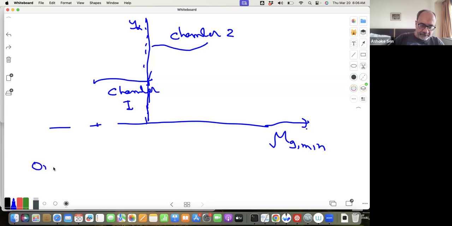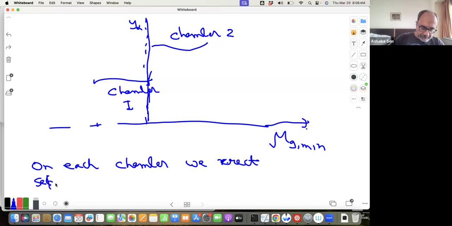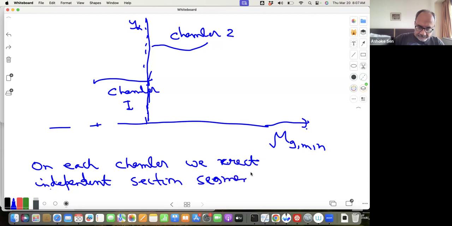So on each chamber, we erect separate independent section segments. Let me call it section segments because the base itself is not the whole moduli space. Avoiding spurious pole.